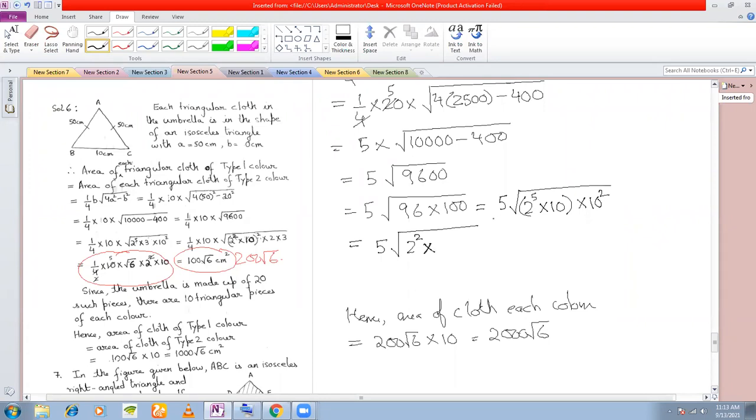In fact, 10 can further be prime factorized. If you prime factorize 96, this is what you're going to get: 2 to the power of 5 into 3.